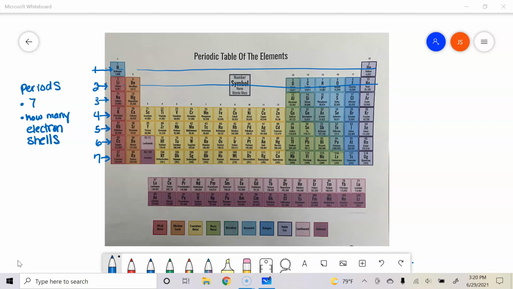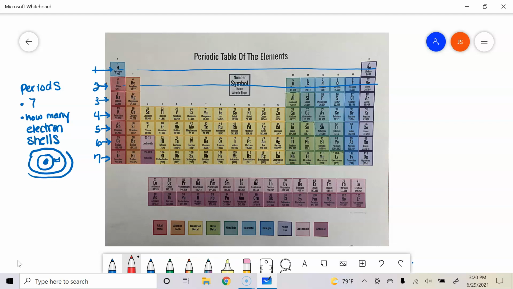So remember when we went back to that other lecture video about how electrons are organized, here's the nucleus, and then you had a shell here, and then n equaled 1. So this would be helium and hydrogen. Then you had another shell, then you had another, and we only really diagrammed 4, but know that there are a total of 7 shells. So the periods can tell us how many shells an atom has. And these are our horizontal rows.